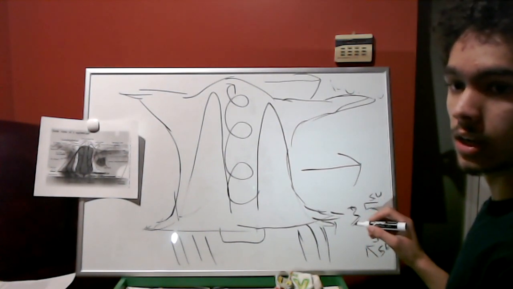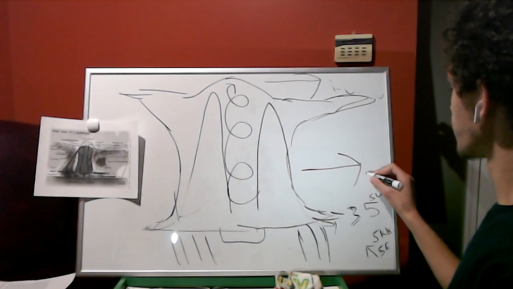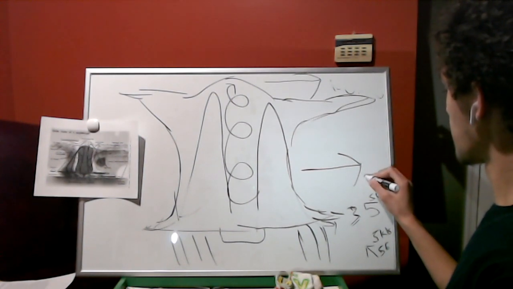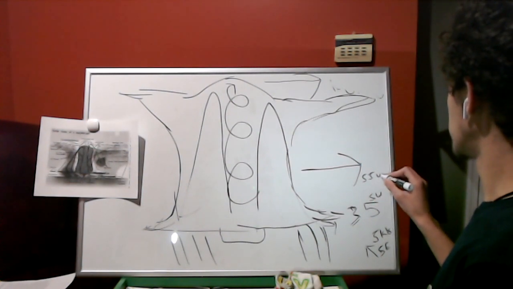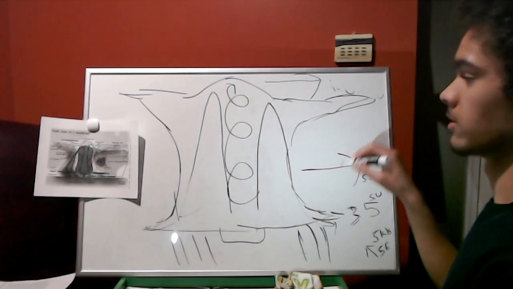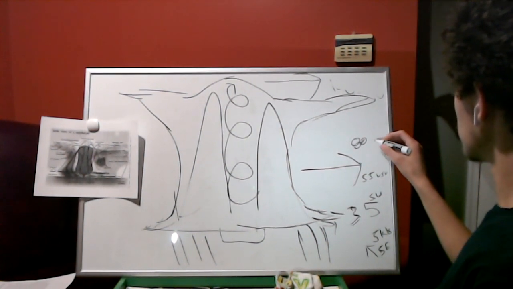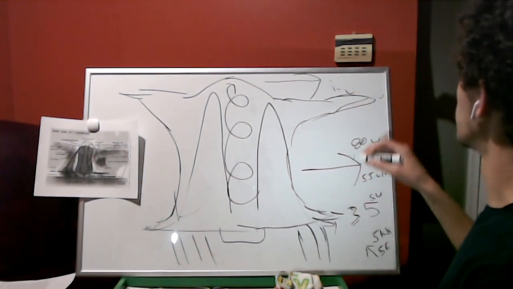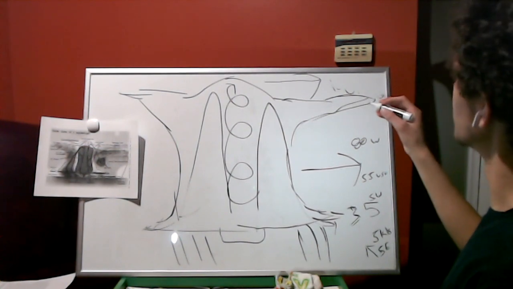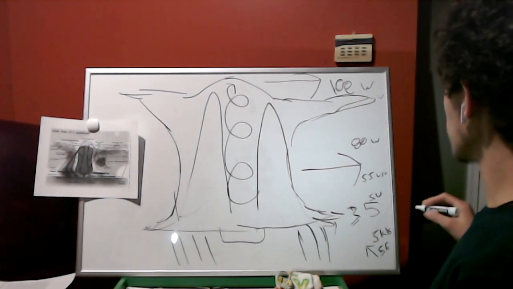Now we get up to 3 kilometers, and the winds are, let's say, 55 out of the west-southwest. We get to 6 kilometers, we say they're 80 out of the west. So we get all the way to the upper levels, maybe around 12 kilometers. It's 100 out of the west too.